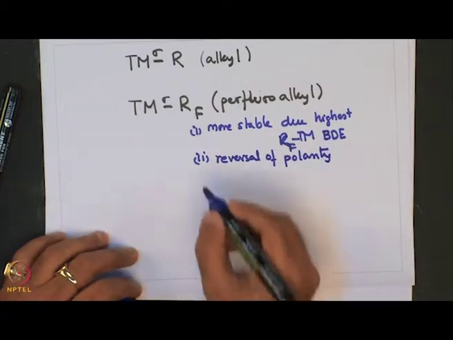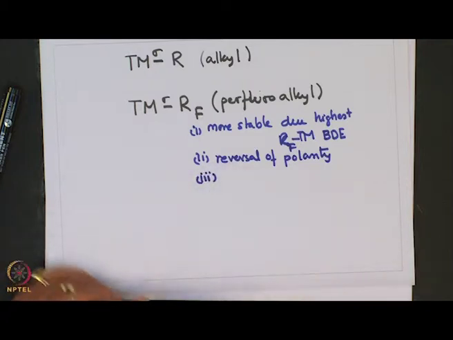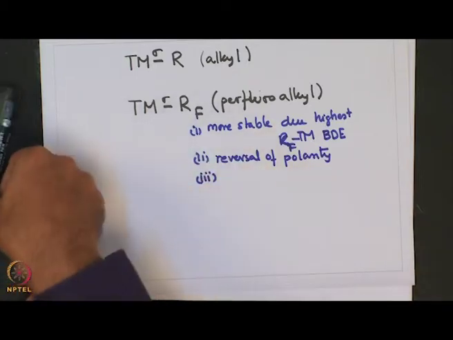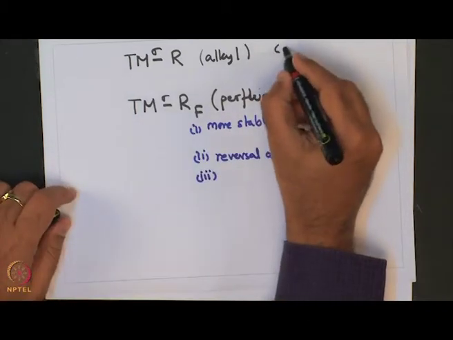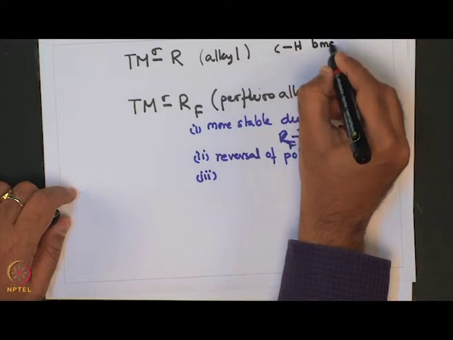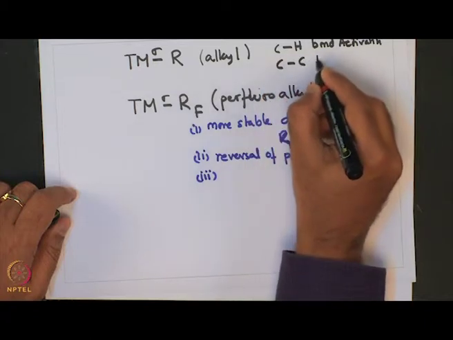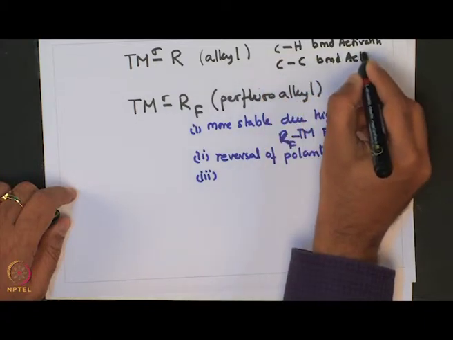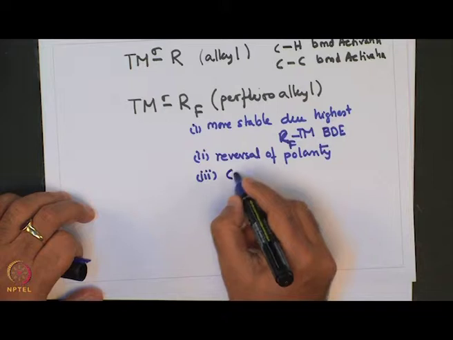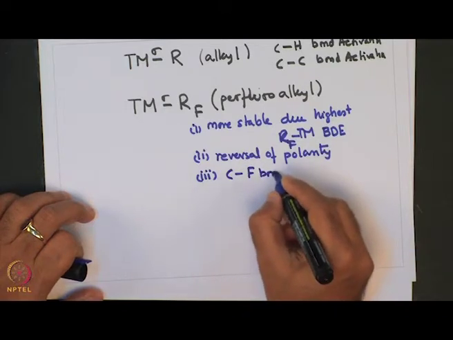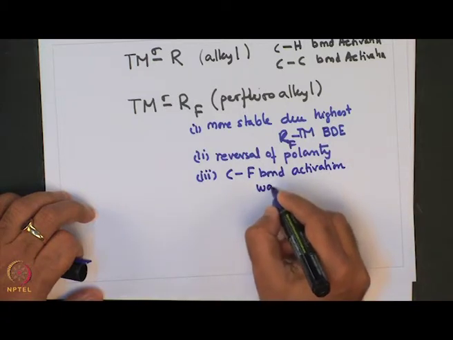And lastly, we had seen that of all the types of bond activations, for example C-H bond activation or C-C bond activation, in case of transition metal perfluoroalkyl, C-F bond activation was most challenging.